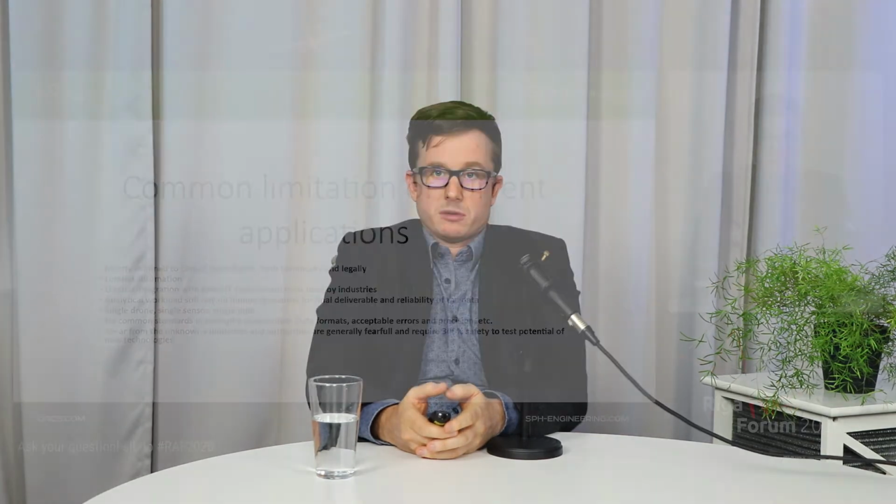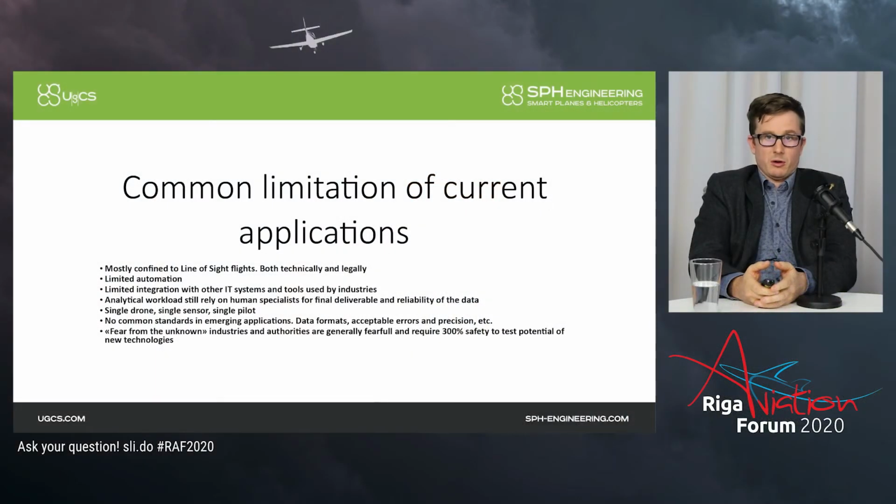And one of the biggest ones is fear of the unknown. The authorities, and the industries who fear those authorities, are generally limited in what they can even use as a proof of concept right now, because, let's be honest, drones are controlled by the same people who are controlling civil aviation, and in civil aviation any error means death.